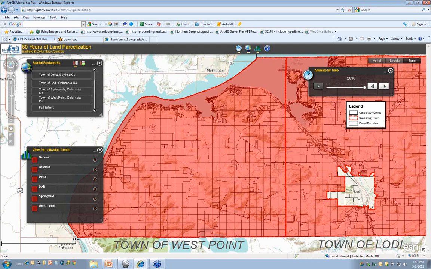A number of people have asked if there's been any sort of study, or how might this be applied to an urban area. Well, I think it can be. You expect parcelization to develop in urban areas and around urban areas. My focus in my research, I'm more familiar with rural areas, and the interesting part is we're finding a lot of rural areas that don't have much population growth or even negative population growth, but they're still parcelizing.